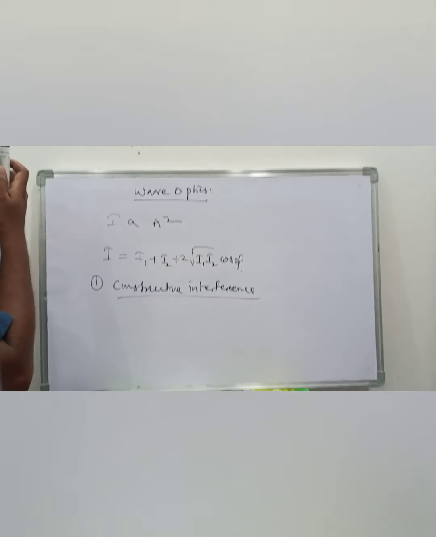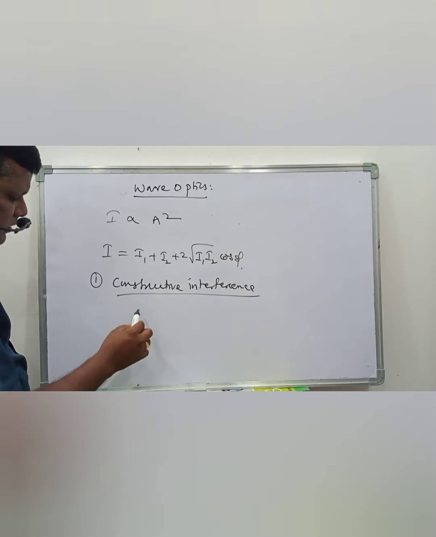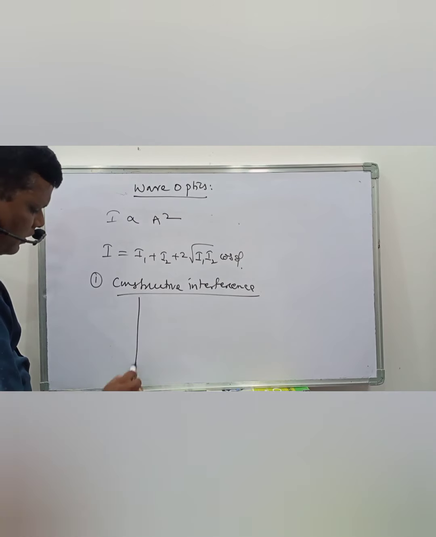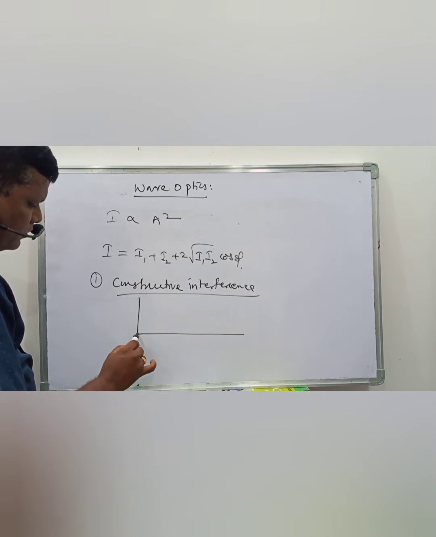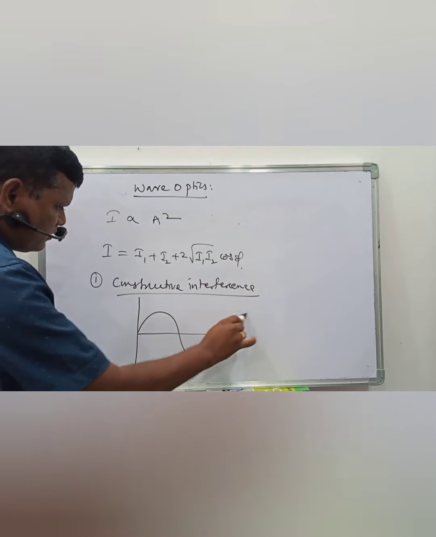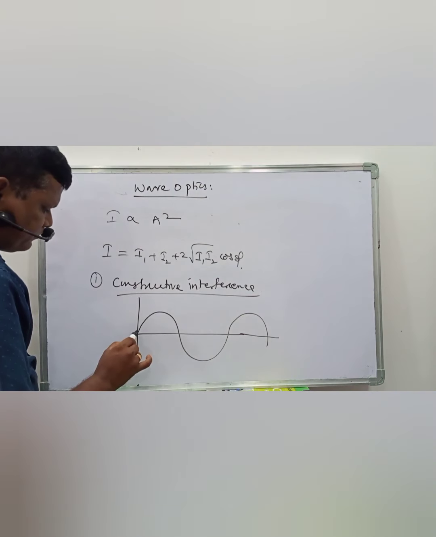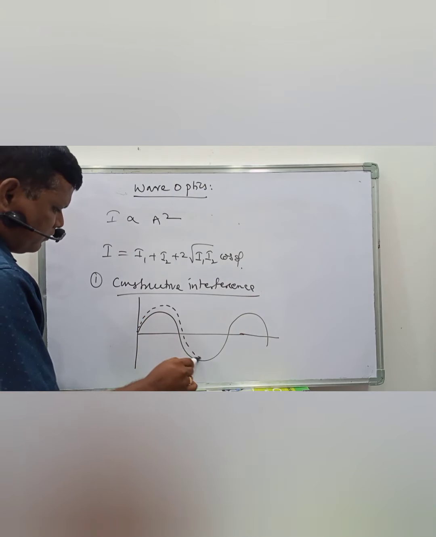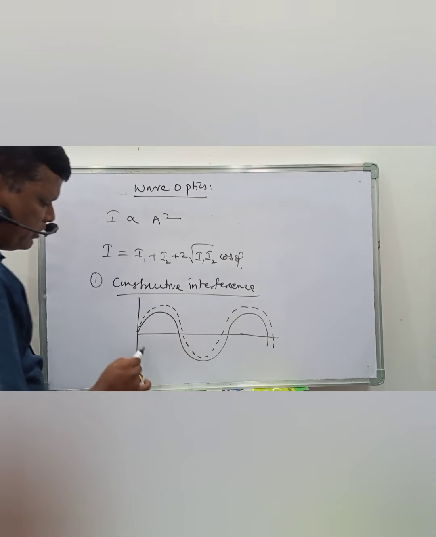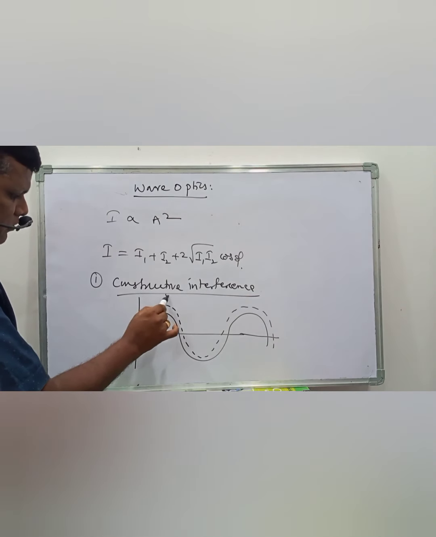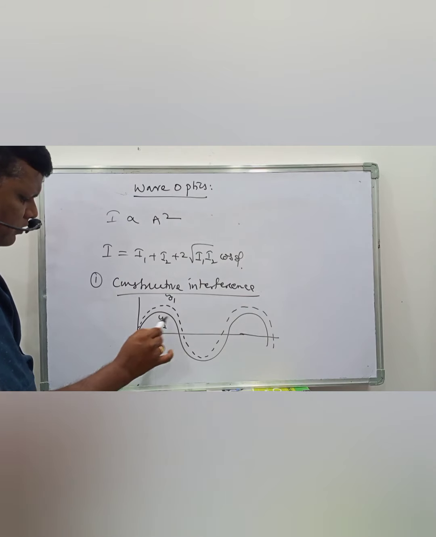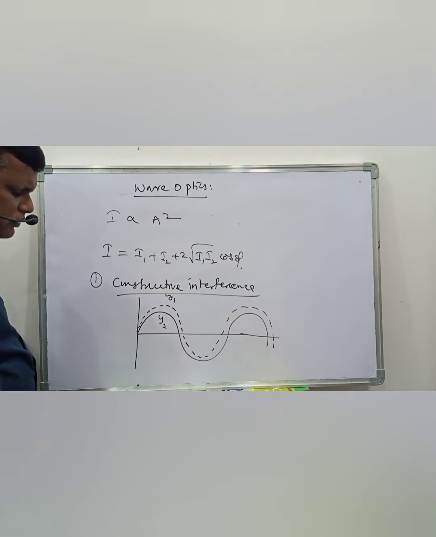In a constructive interference pattern, two waves are superimposed crest to crest and trough to trough. The dotted line of one wave is combined with the thick line of the other wave. So there is crest to crest or trough to trough.